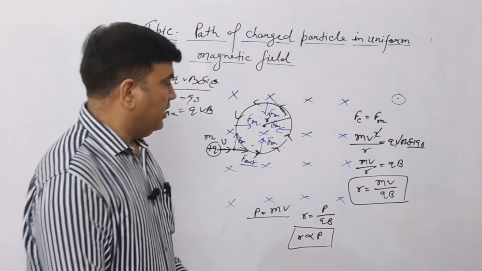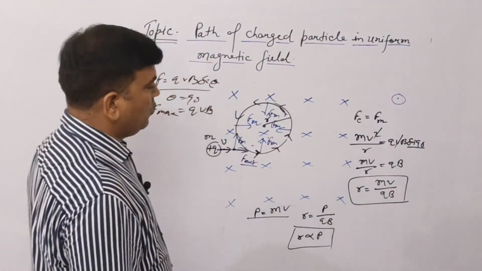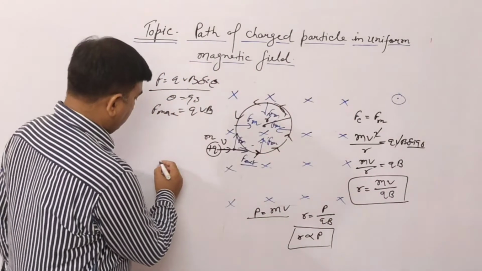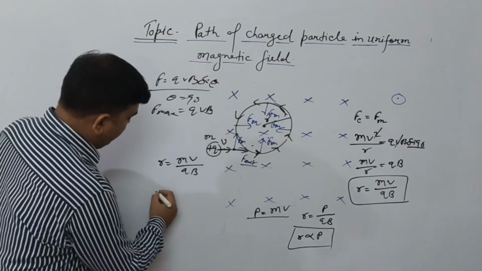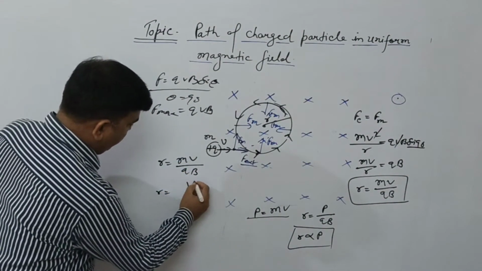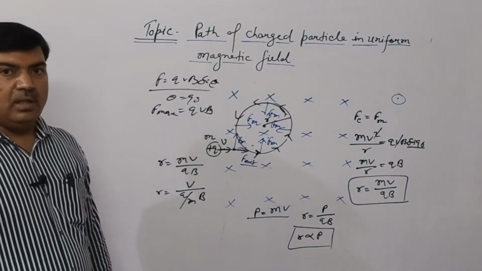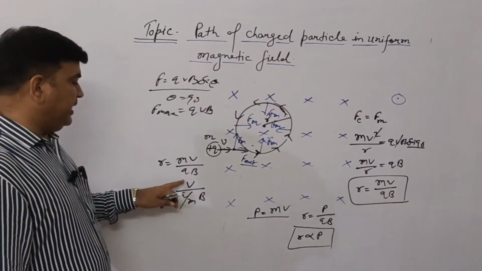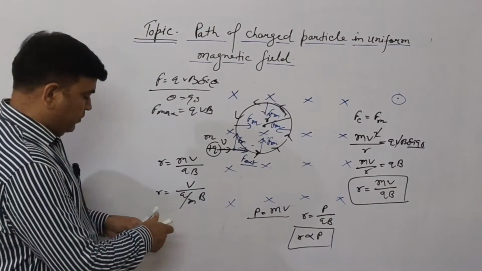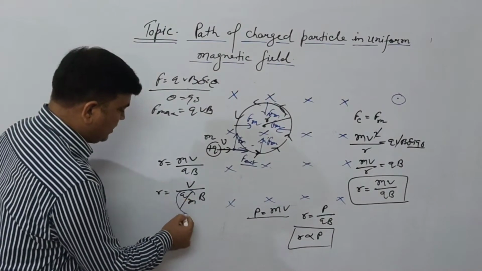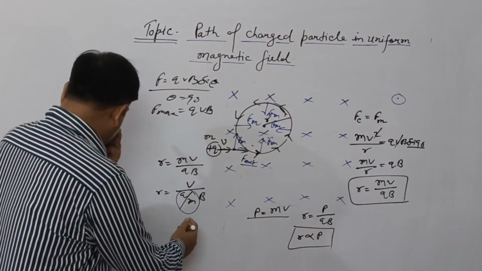Yes, children, and according to this formula, we can say that r equal to mv by qB. We can write here r equal to v upon (q by m) into B, and this q by m is called specific charge.